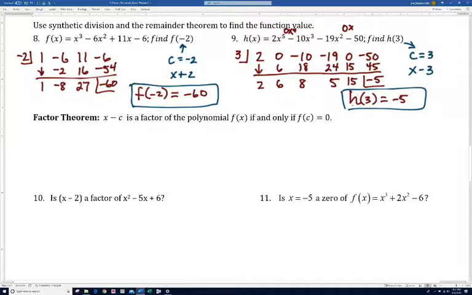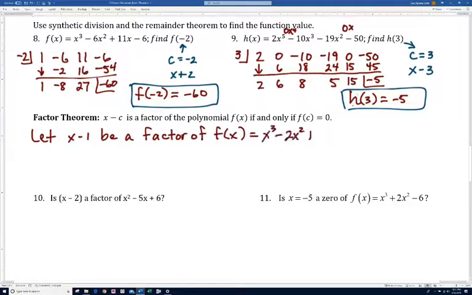So let's use our example up above. We found that x minus 1 is a factor of f of x here. Again, this is that same polynomial from number 7 that we did in the previous slide. So we're dividing by x minus 1, x minus c, where our c value here is 1.